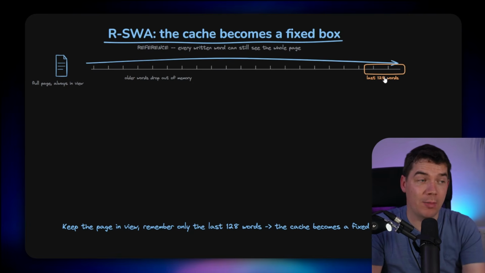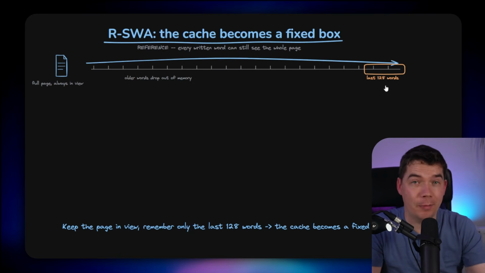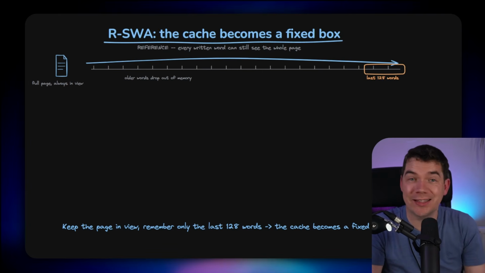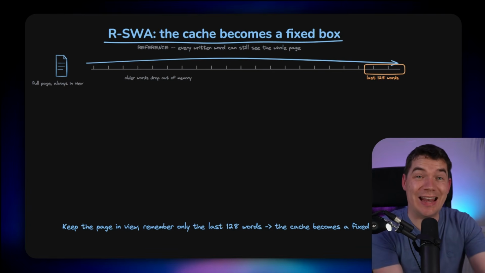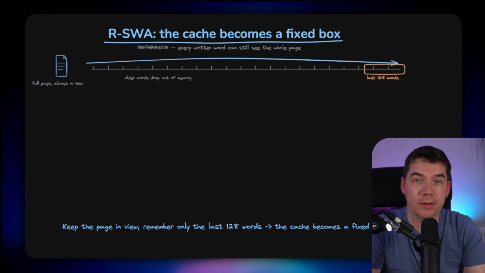Every word that the model writes can still look back at the entire page, so all of those compressed image tokens stay in context, in full view, and that's the reference part. But when it looks back at the text that it's already written, it only ever sees the last 128 words. So it's a small sliding window, and anything older than that essentially drops out of memory.